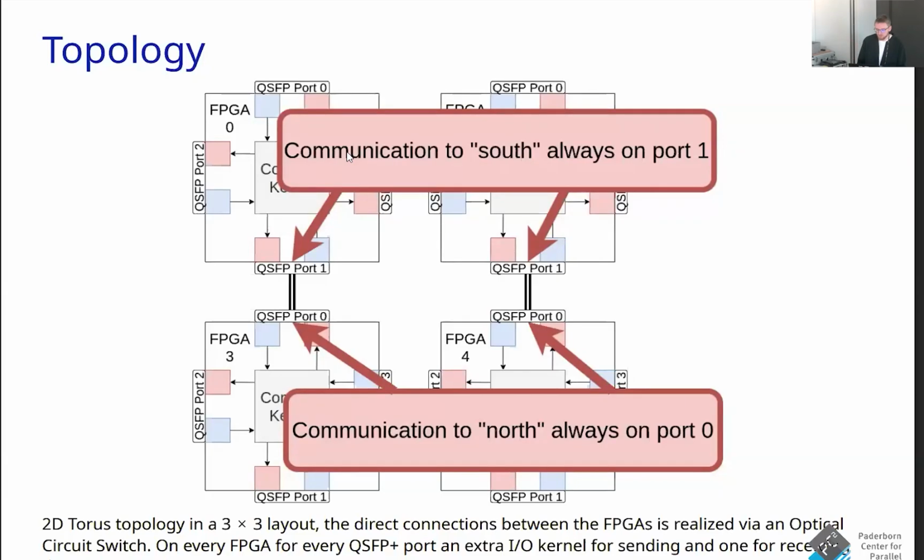The same is true for east and west communication. This allows us to have the same bit stream on each FPGA, and with a large enough buffer size or channel depth, this allows deadlock-free communication, because then first every FPGA can write the stuff it wants to send and then reads, and it works.